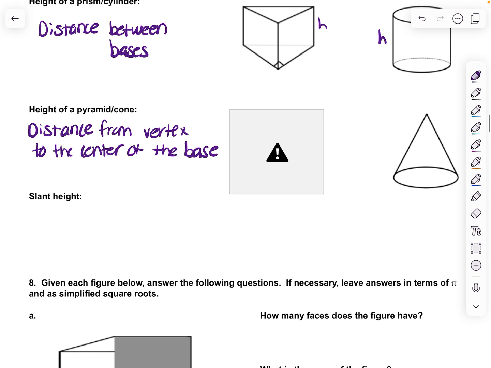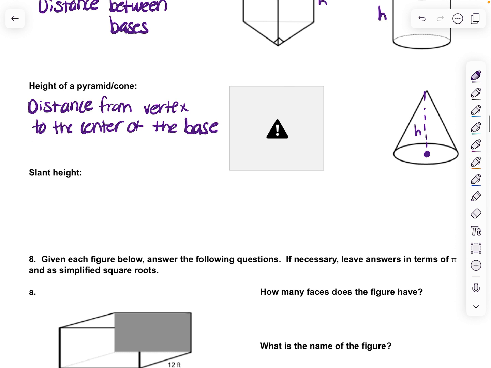So in a cone, the only one you can see on here, the height goes from the vertex all the way down to the center of the base. For these 2 figures, you also have what's called slant height, which is the height of a lateral face.